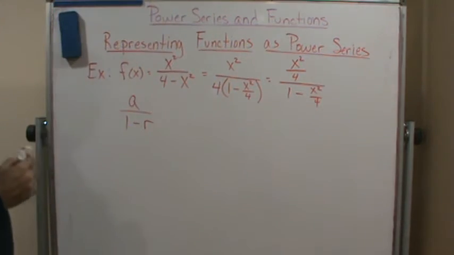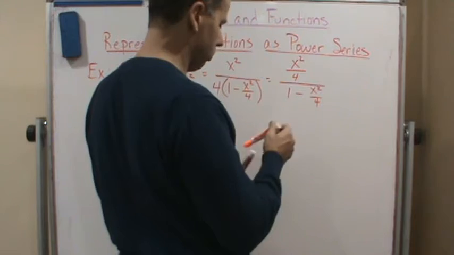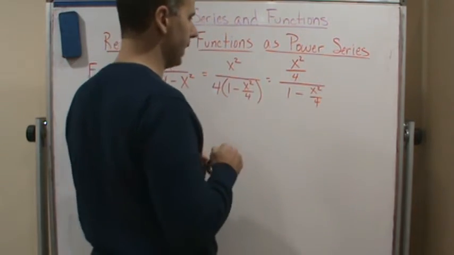Okay, so now what does that give me? Now I can see what my R is and what my A is. So let me box this in.